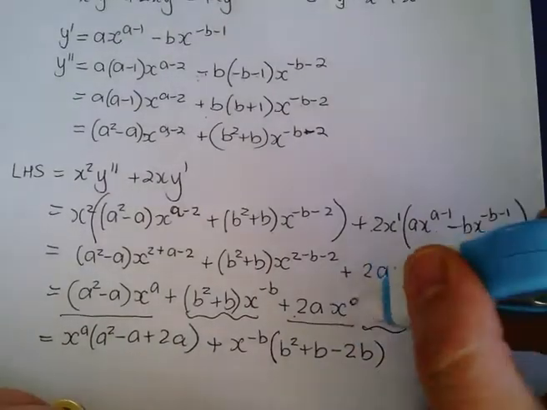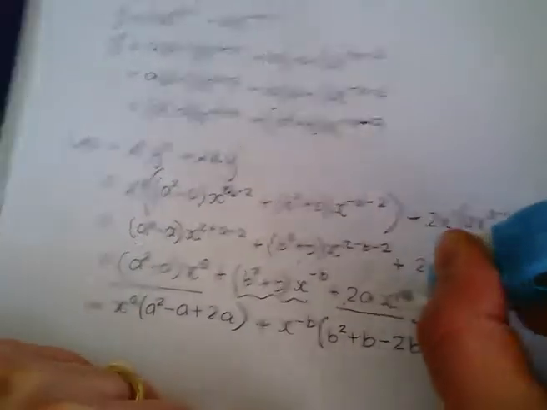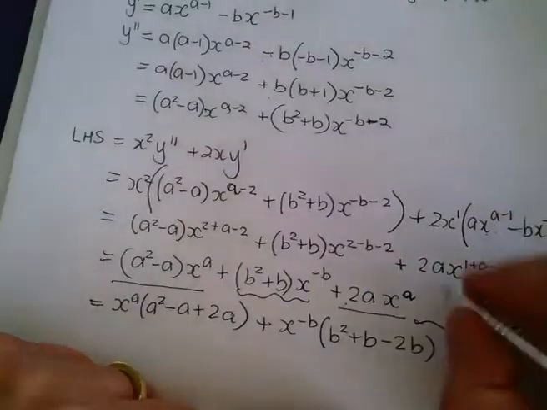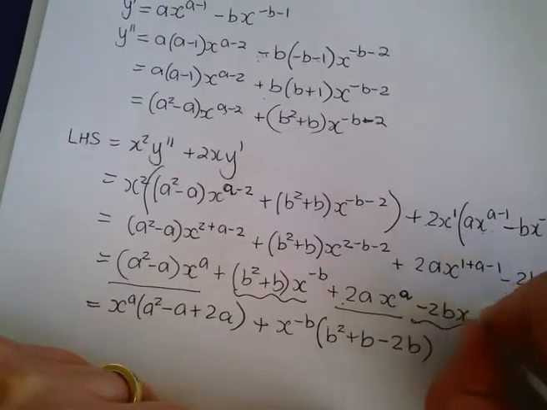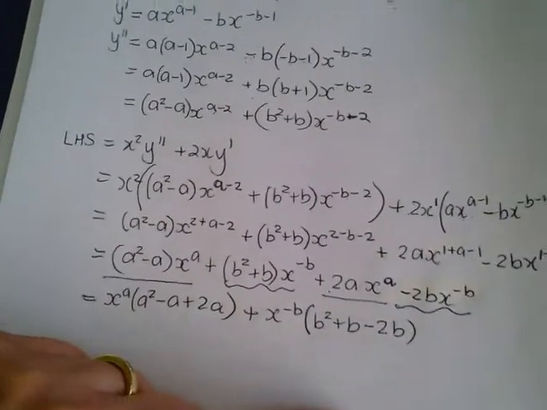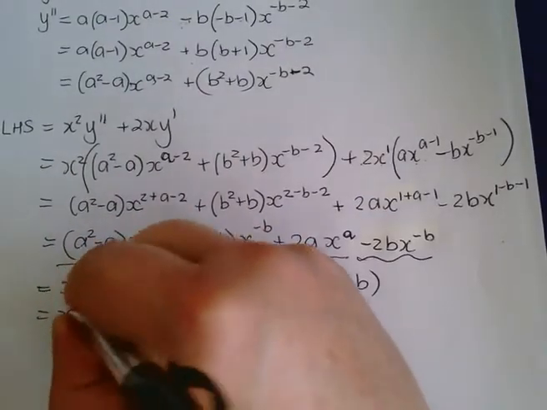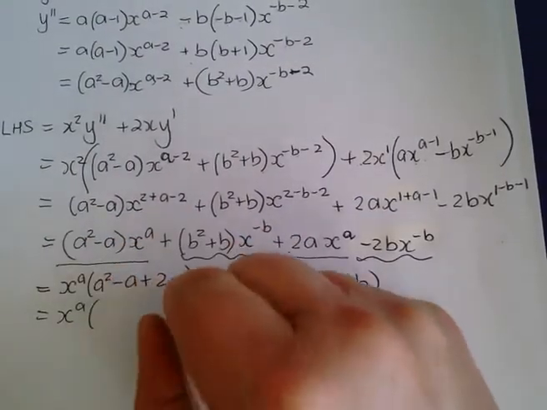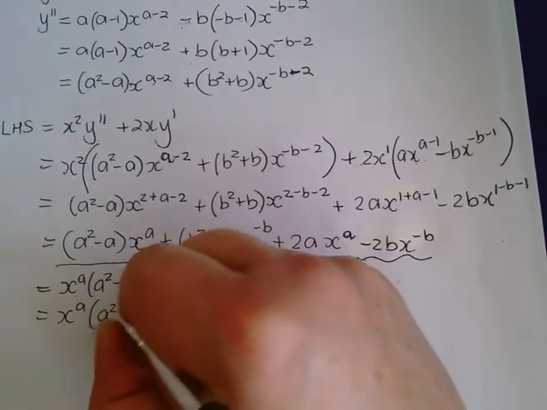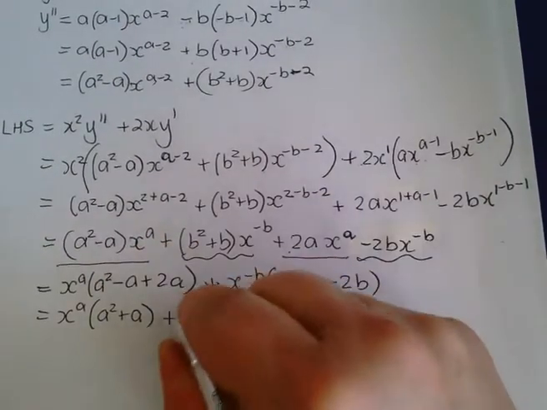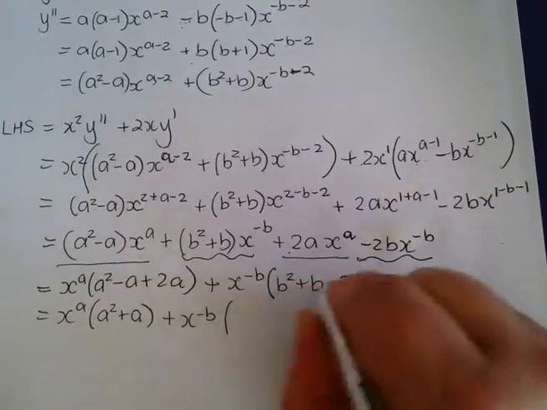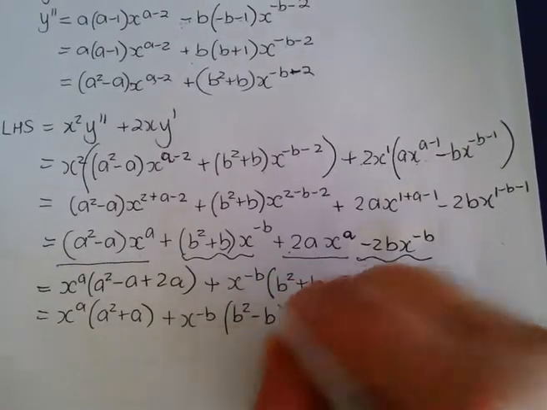Sorry, I should space this out a bit more. Minus 2b x to the negative b. Can you see like terms there? So now we've got x to the a squared plus a, and we've got x to the negative b squared minus b.